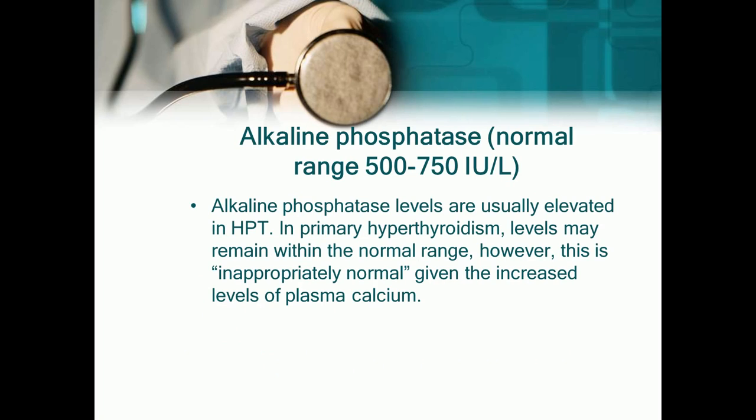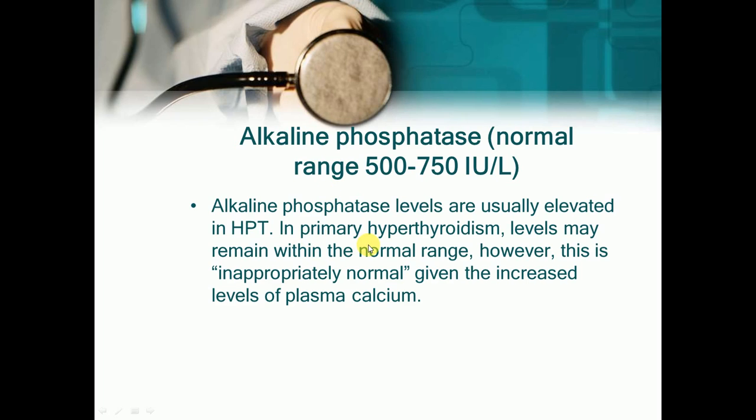Alkaline phosphatase is another diagnostic test which is performed to find out the exact cause or the clinical etiology. Its normal range is 500 to 750 IU per liter. The alkaline phosphatase levels are usually elevated in HPT, high in case of hyperparathyroidism.